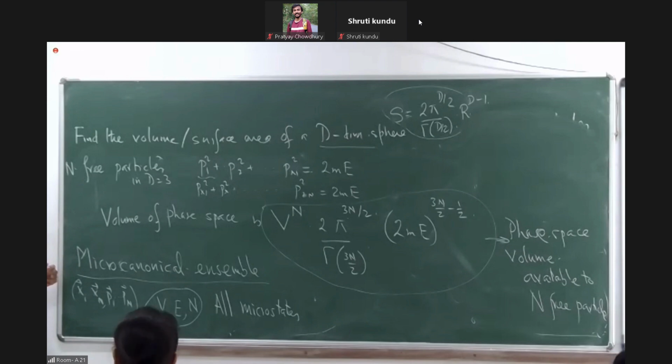So for N particles, each state is a point in this 6N dimensional space, and the dynamics is that on the surface of the sphere in this 6N dimensional space, all the points are being traversed.